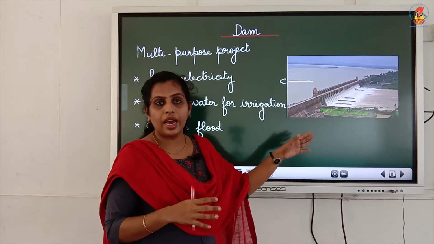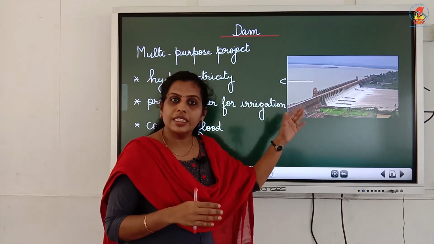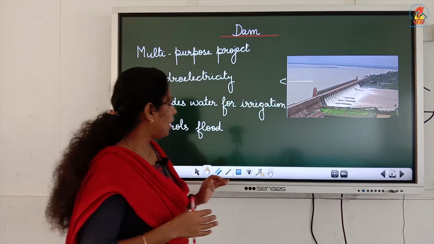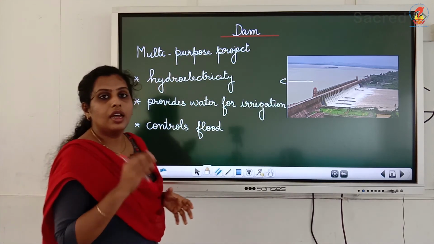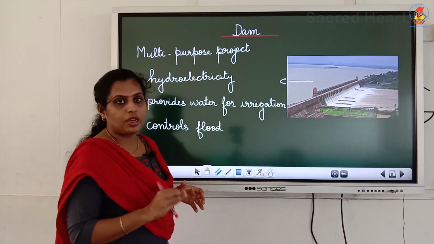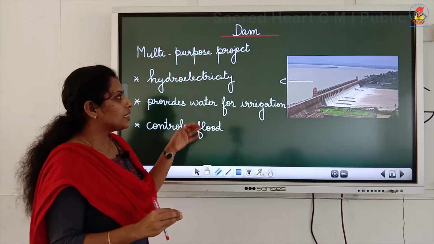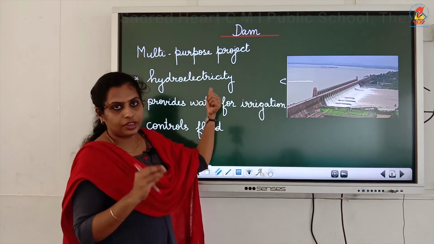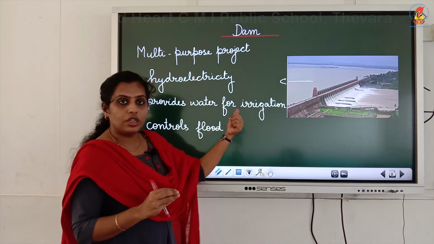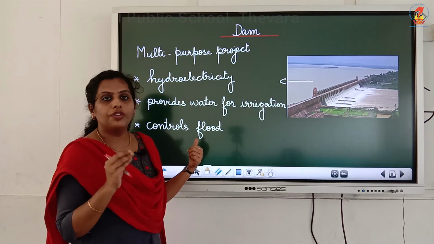So dam has that facility too. These are the reasons why the dam is called a multi-purpose project, because it is useful in different ways. The first way is that they can generate electricity known as hydroelectricity. It provides water for irrigation, and the last one is it controls flood.